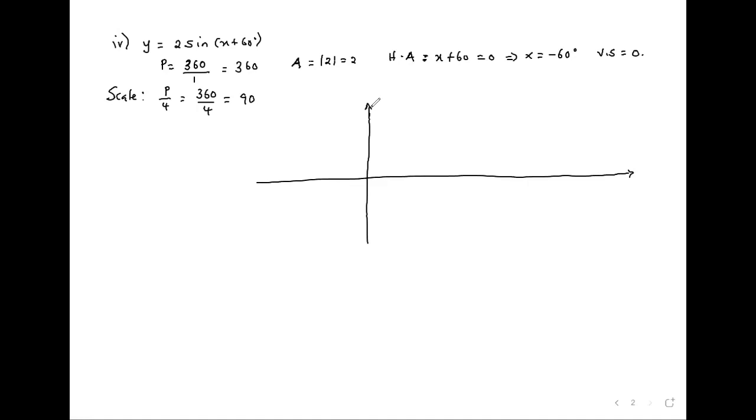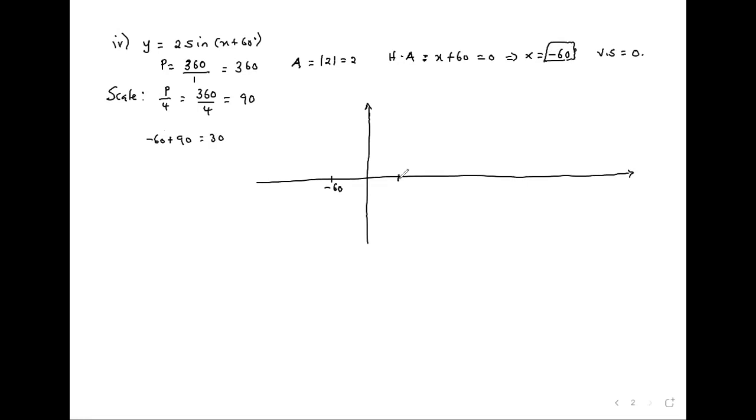The most important thing, when you have horizontal shift non-zero, you start from the horizontal shift. So we are told it is negative 60. So from negative 60, you add 90. So negative 60 plus 90 will get 30.